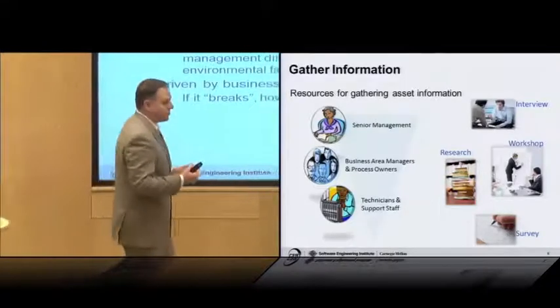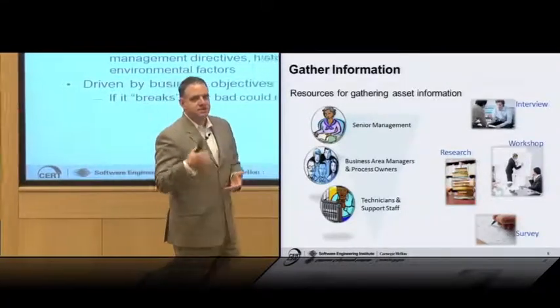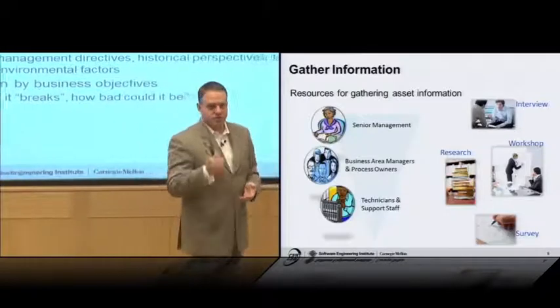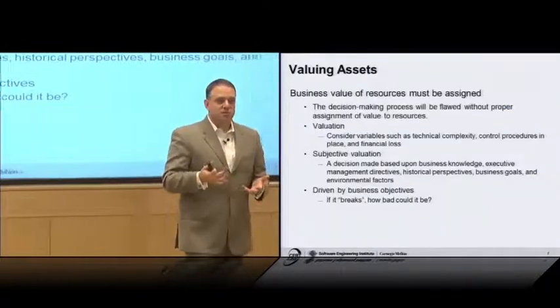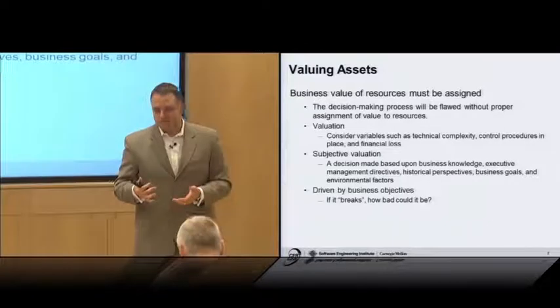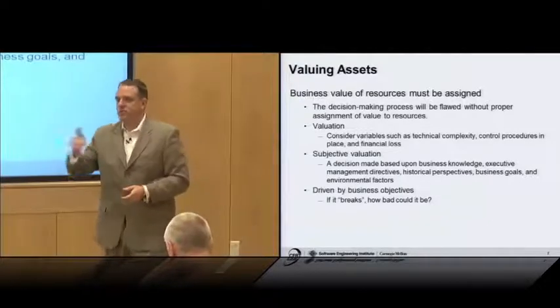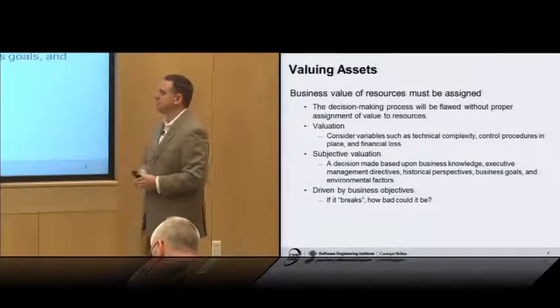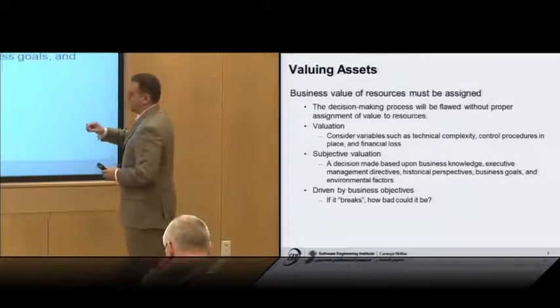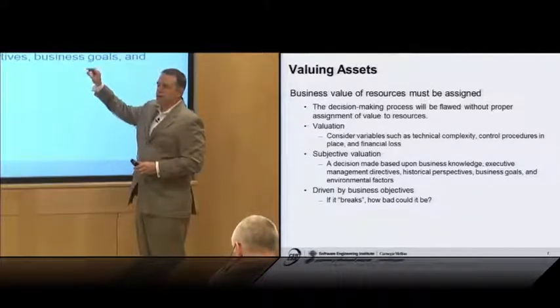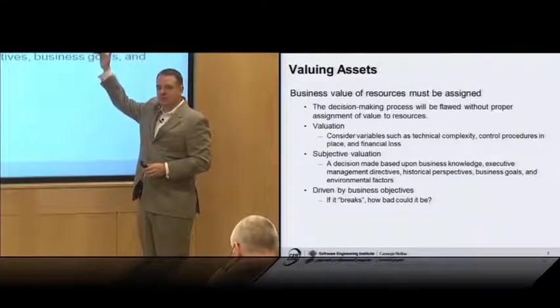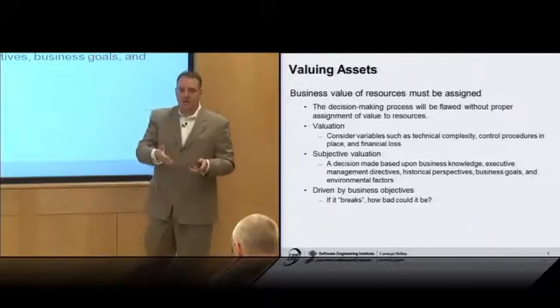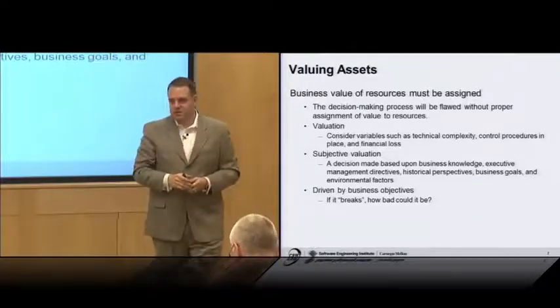Then what you want to do is come up with some type of business value on those resources. What's the true value of that server or that particular system or that web application? You want to look at this because your whole risk assessment process should be based on criticality. What's most important to my business?